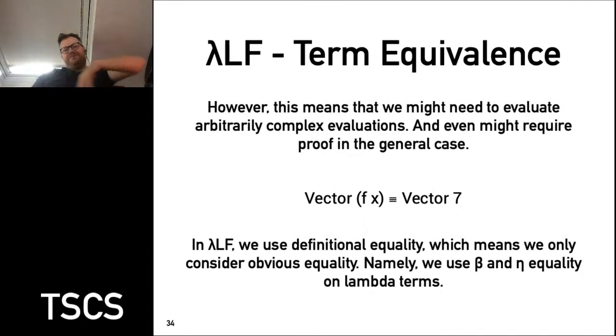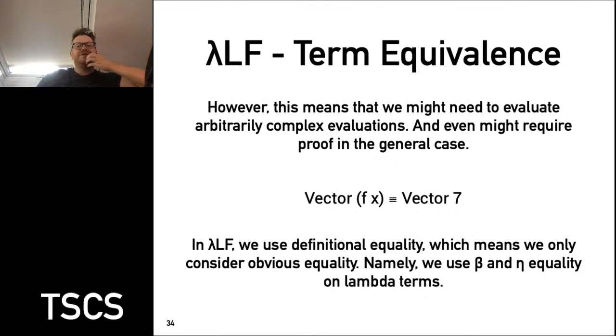So that means that we might need to evaluate arbitrary complex evaluations, and even might require proof in the general case. So let's say we have a vector of f applied to x, and that should be equal to vector 7. Yeah. As you can see, this is Turing complete. This could compute anything and can take any length of computation.